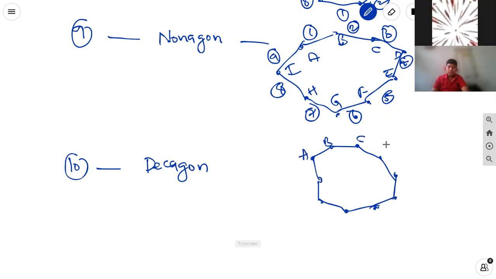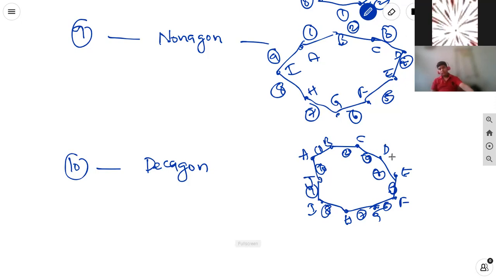A, B, C, D, E, F, G, H, I, J. 10 sides or 10 vertices.